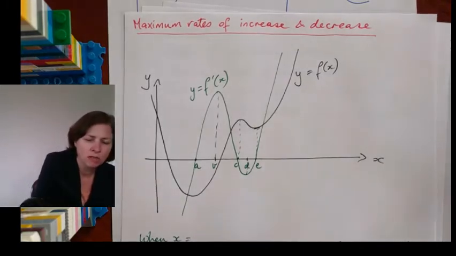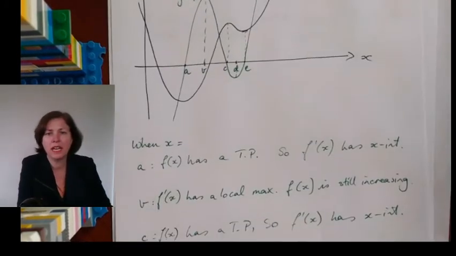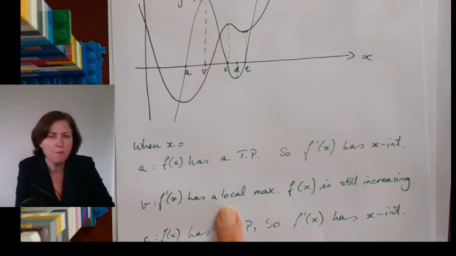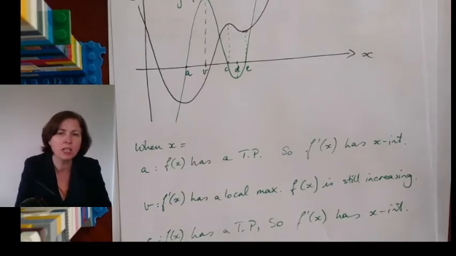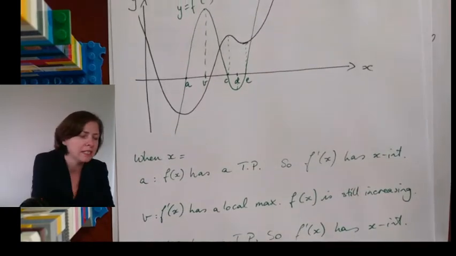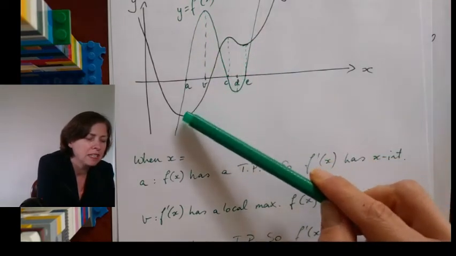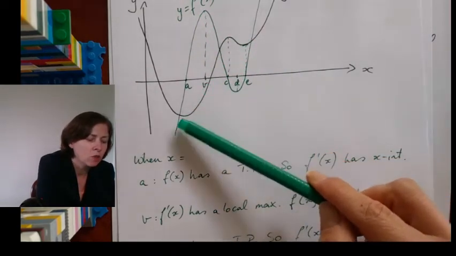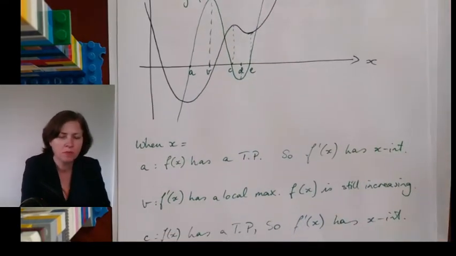In fact, it's a turning point. Now f of x is still increasing at this point. When x equals B, f dash of x has a local max. f of x is still increasing because I have a positive gradient still. All of this part of the graph has a positive gradient. And I can see that all the way through here, my original graph is increasing.